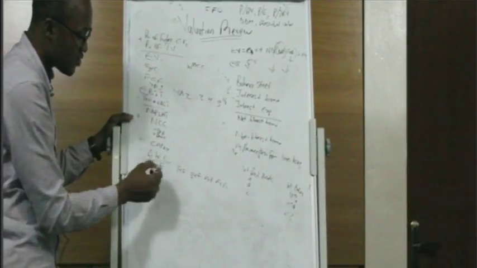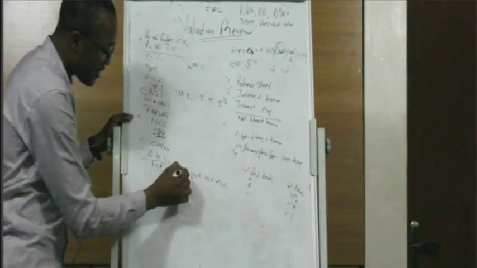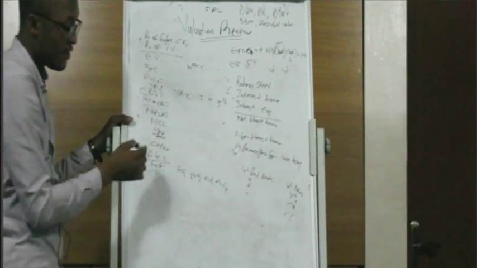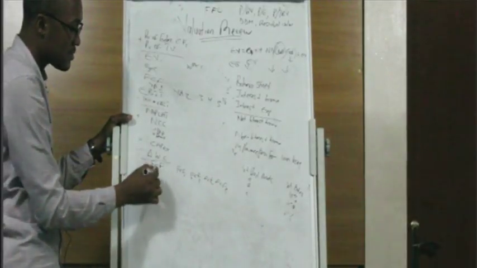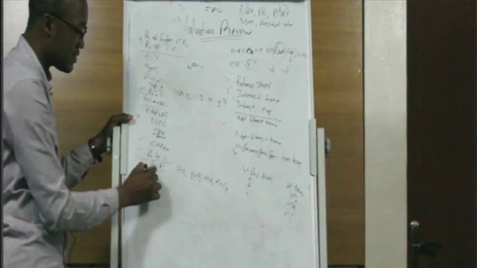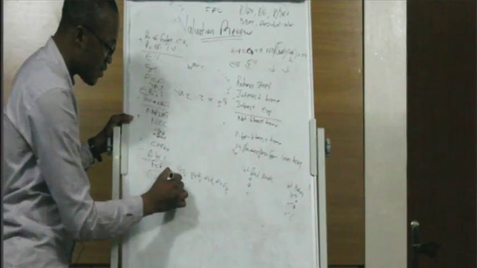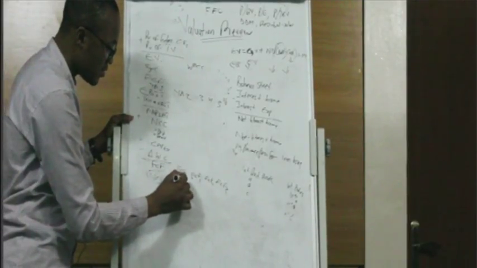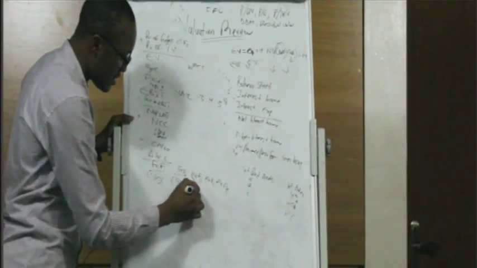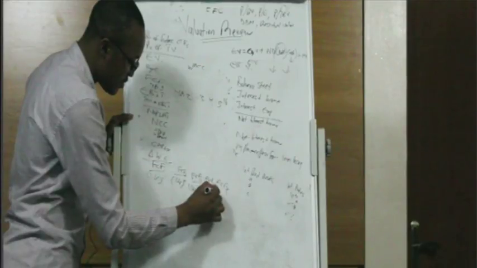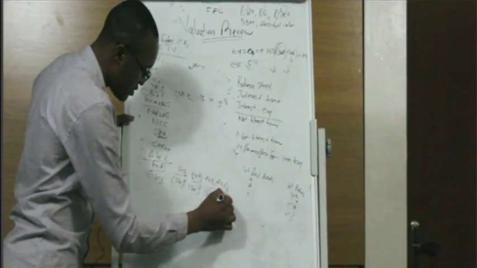So free cash flow 1 over 1 plus WACC, which is the discount rate, raised to the power of what year is this? Year 1. We do the same thing: 1 plus R raised to power 2, 1 plus R raised to power 3, 1 plus R raised to power 4, 1 plus R raised to power 5.